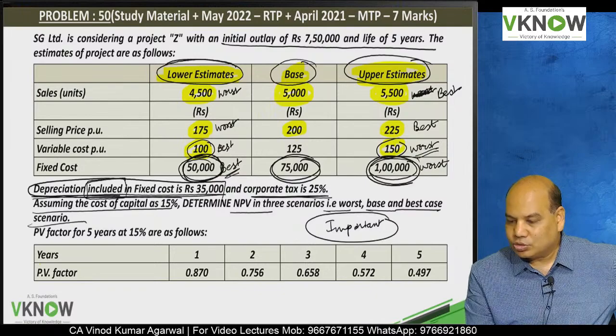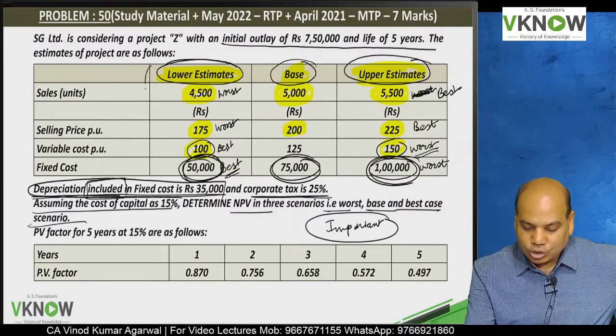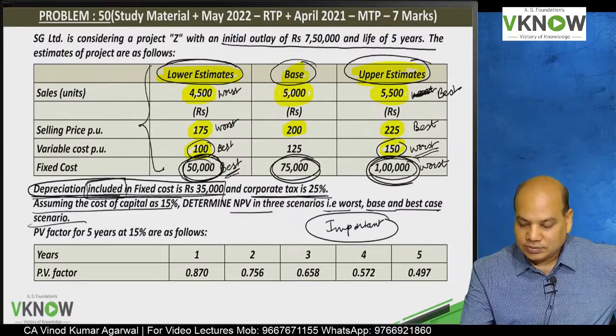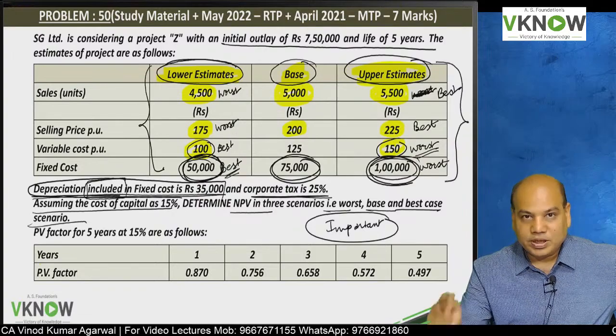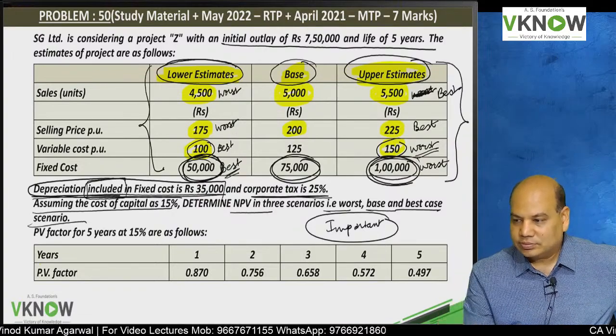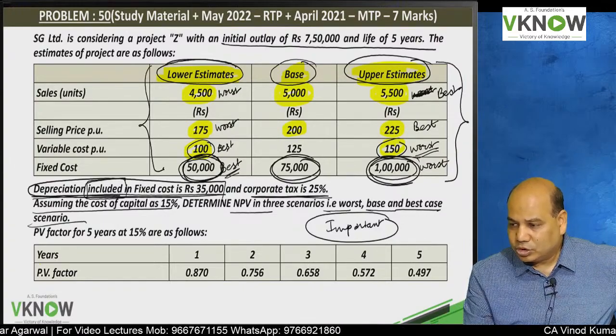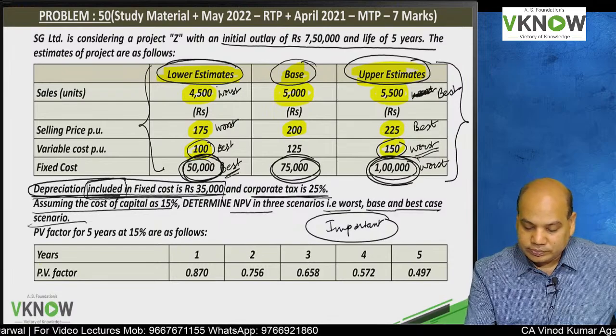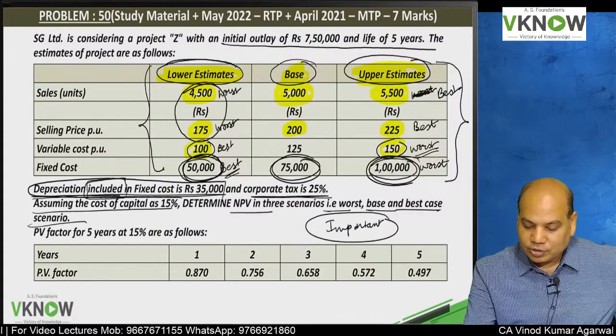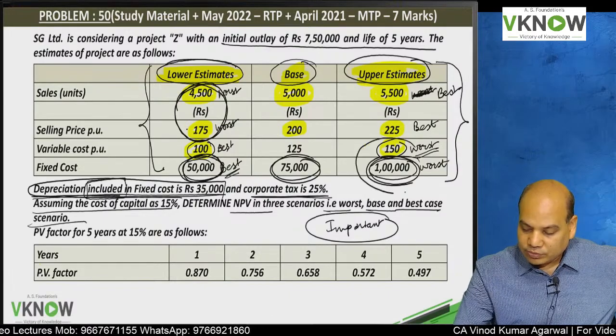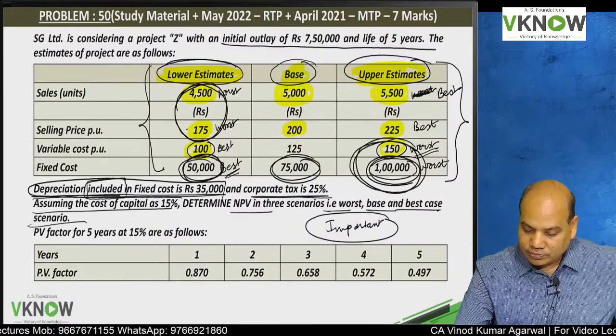The mistake that the student can make, they can take all these numbers in the worst case and all these numbers in the best case, but it will be opposite. Two numbers for worst case you will take from here, and two numbers for worst case you will take from here.